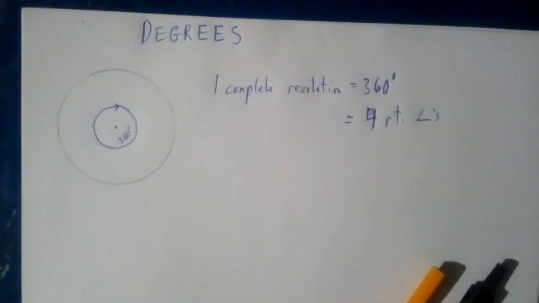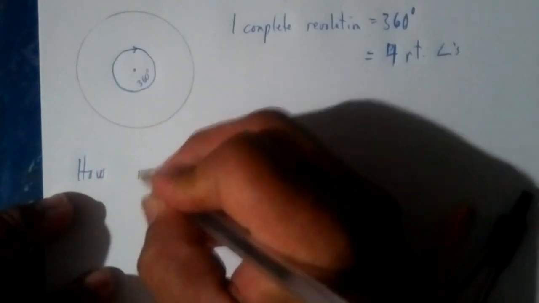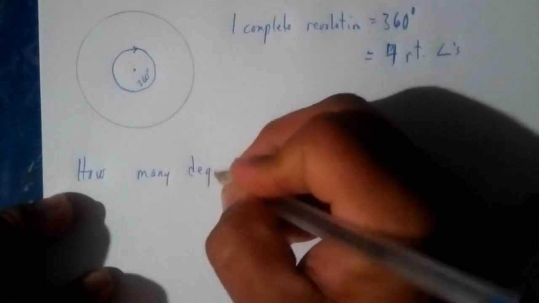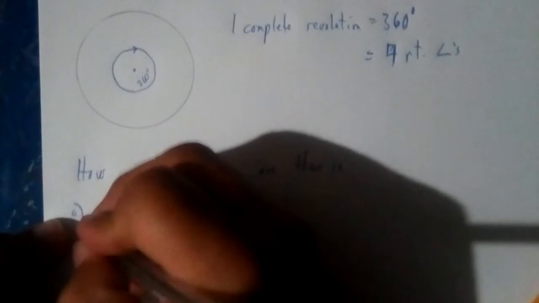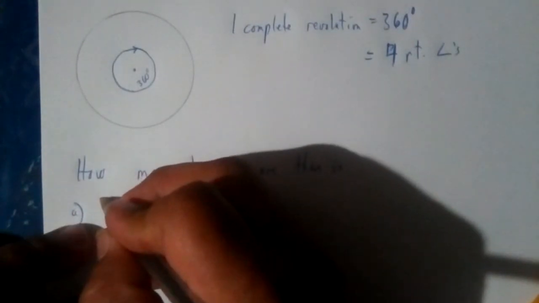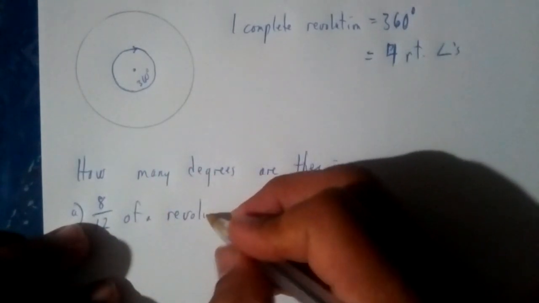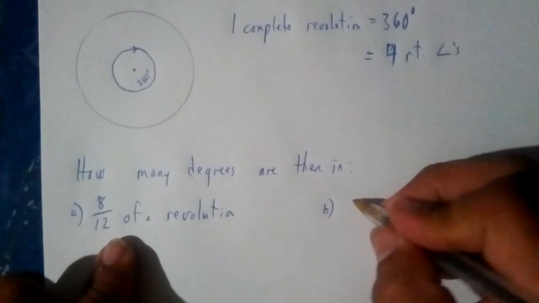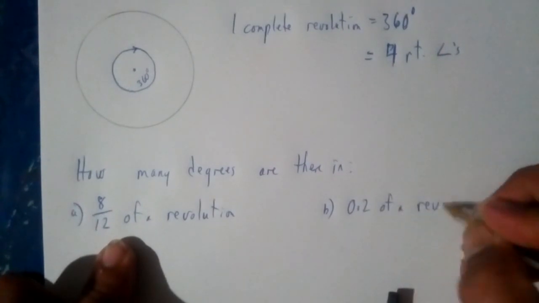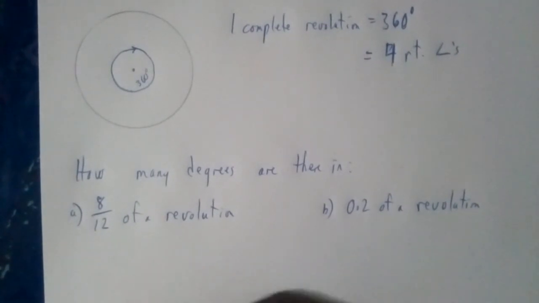Consider that I give you something like this, and I ask: how many degrees are there in, say, A, 8 over 12 of a revolution, or B, I'm going to give it as a decimal also, 0.2 of a revolution, or C, 1 right angle.